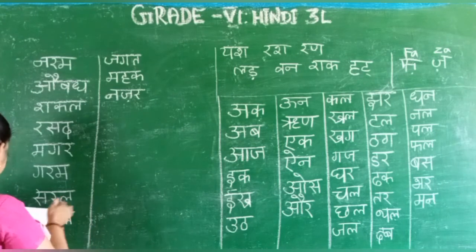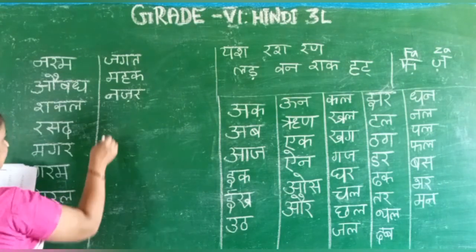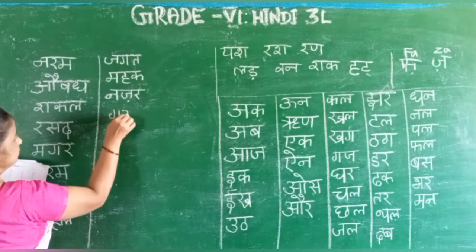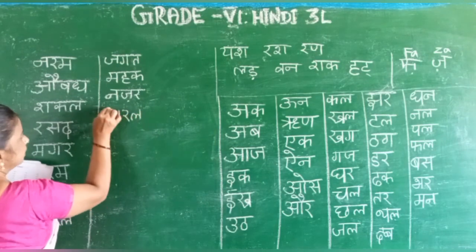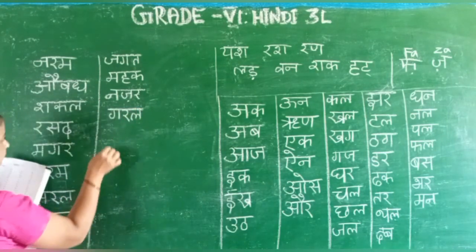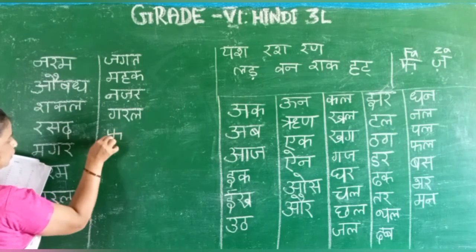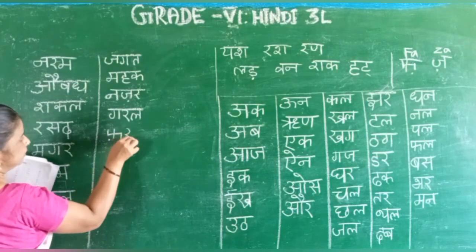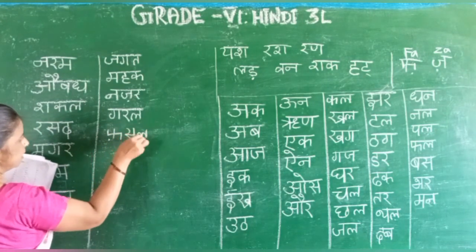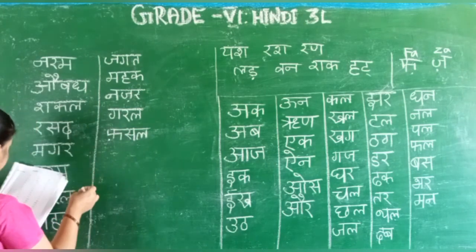And the next one. Ga, ra, la, garal. See, here also dotted. Fa, sa, la, fasal.